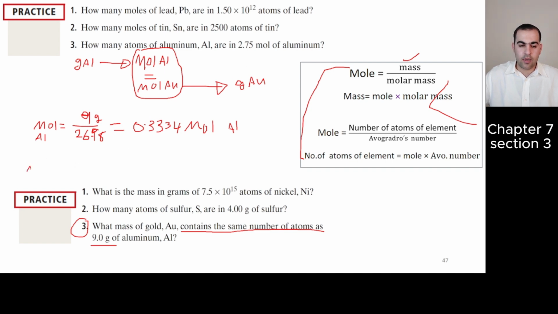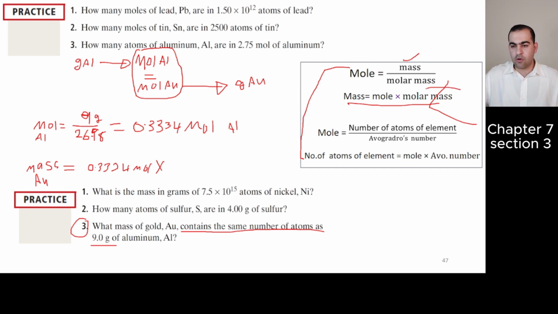So mass of gold in grams equals to what? Mass equals to mole times molar mass. What's the mole of gold? We have just found 0.3334 mole, because mole of aluminium and mole of gold are the same. 0.3334 mole times the molar mass of gold.